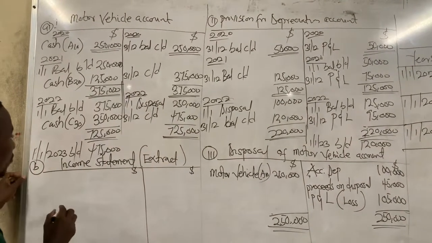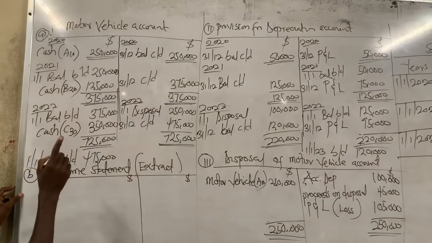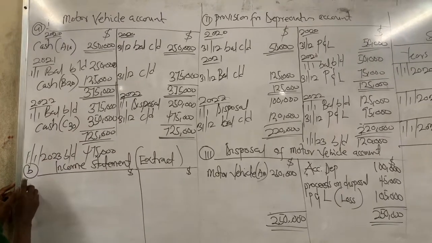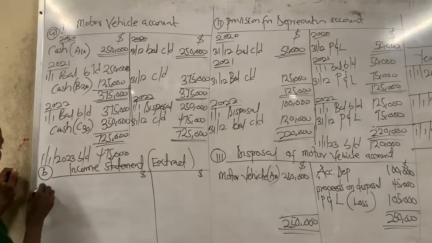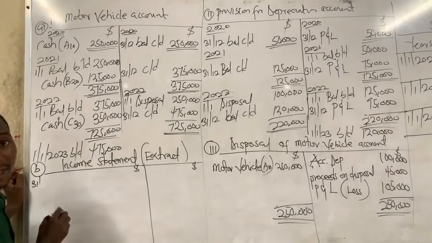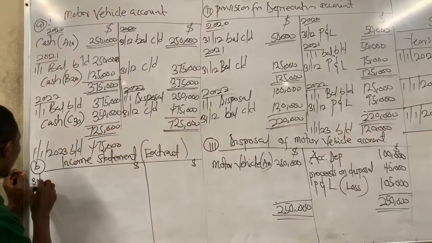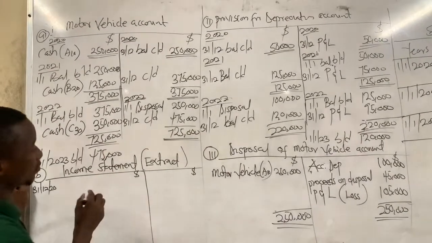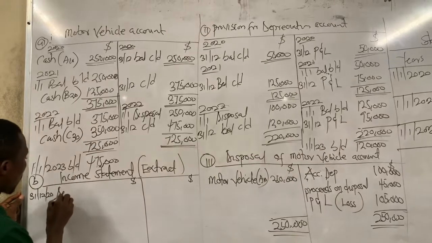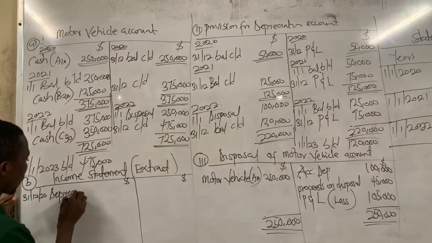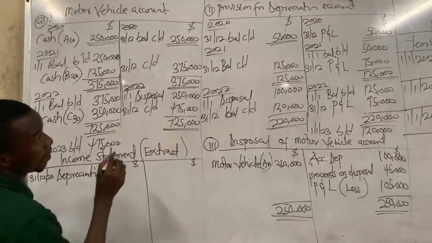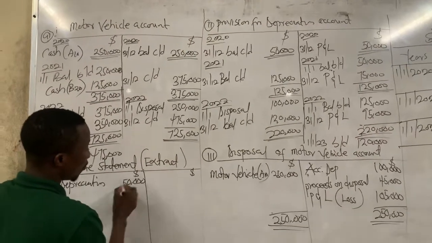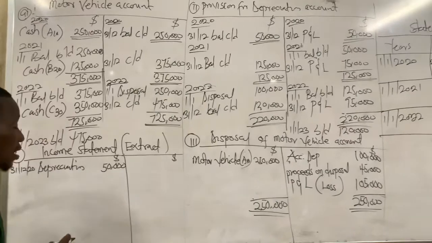So at the close of 2020, 31st December 2020, we have depreciation, and the amount is 50,000 from the provision for depreciation account.